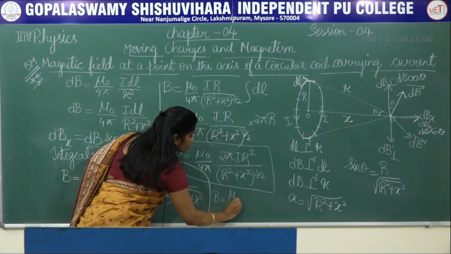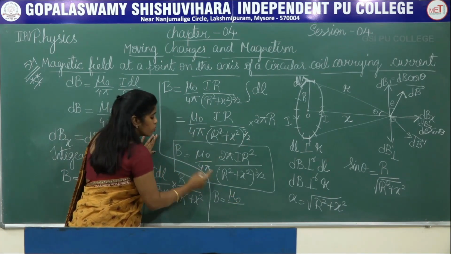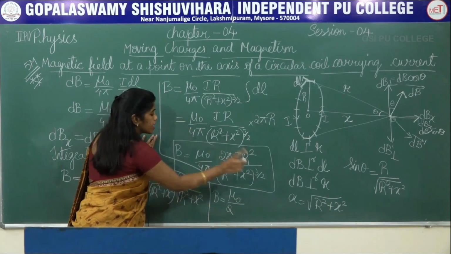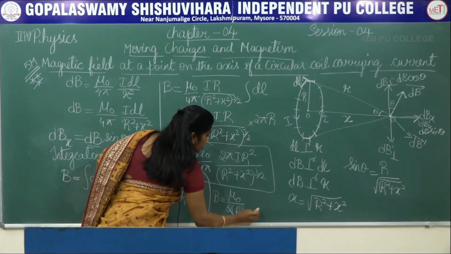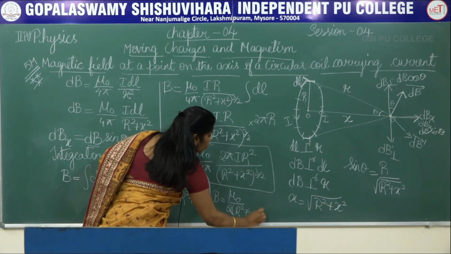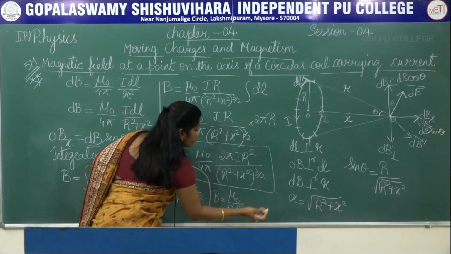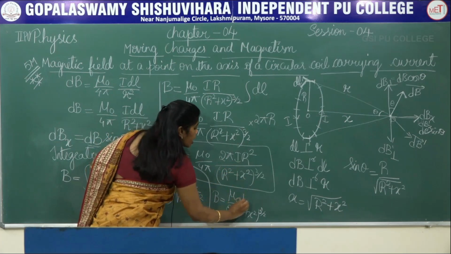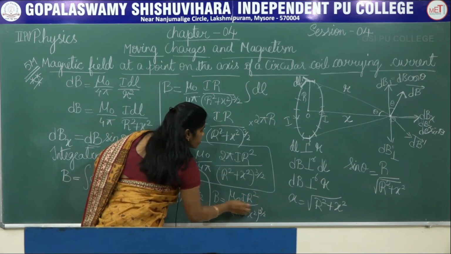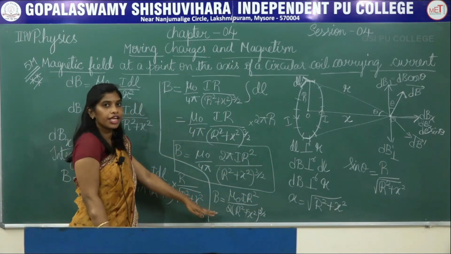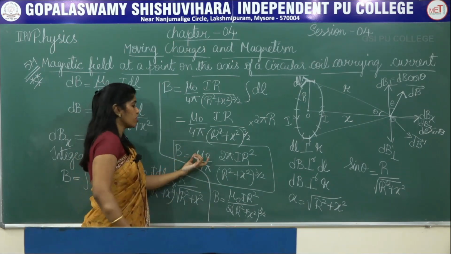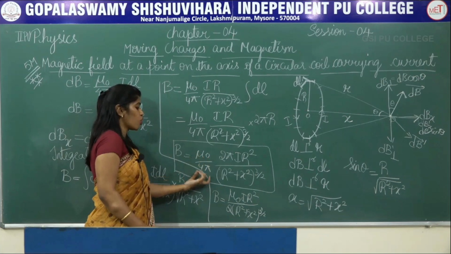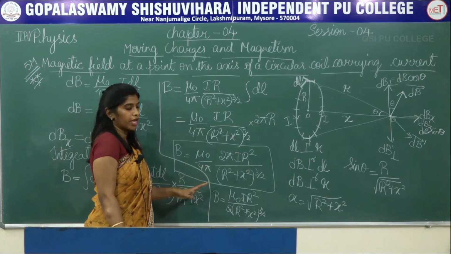B is equal to mu naught by 2, 2 fours are 4, pi gets cancelled, into I R squared divided by 2 into R squared plus x squared whole power 3 by 2. This is the other way of writing the equation. We prefer to write the equation in this form because we know the value of mu naught by 4 pi, which is 10 power minus 7.